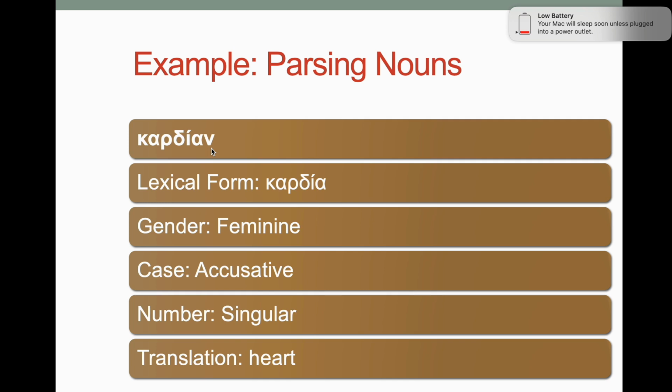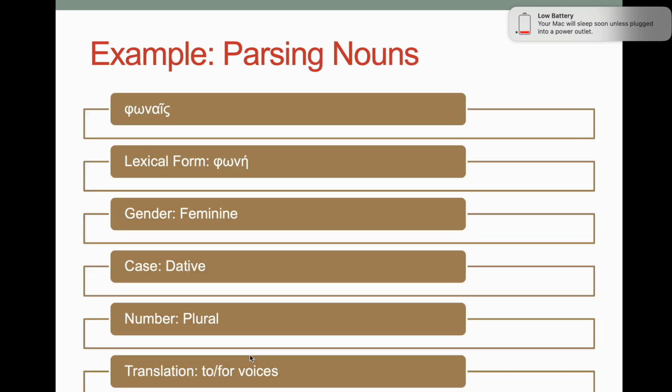If you go look back on your handout or in your book, you'll notice that that's accusative. That's the accusative ending, and it's the accusative singular ending for kardia. So the translation of that would be heart or a heart. Kardian, it's from kardia, it's feminine, accusative singular, and it means heart or a heart.